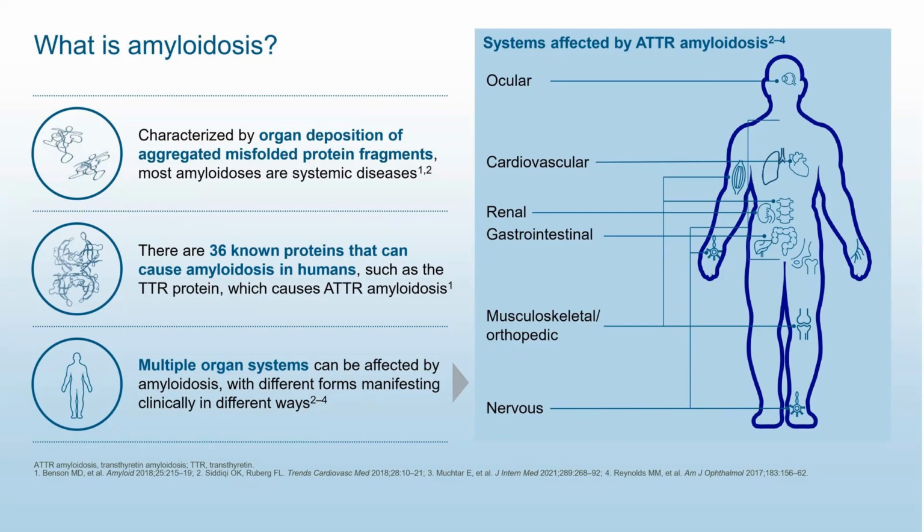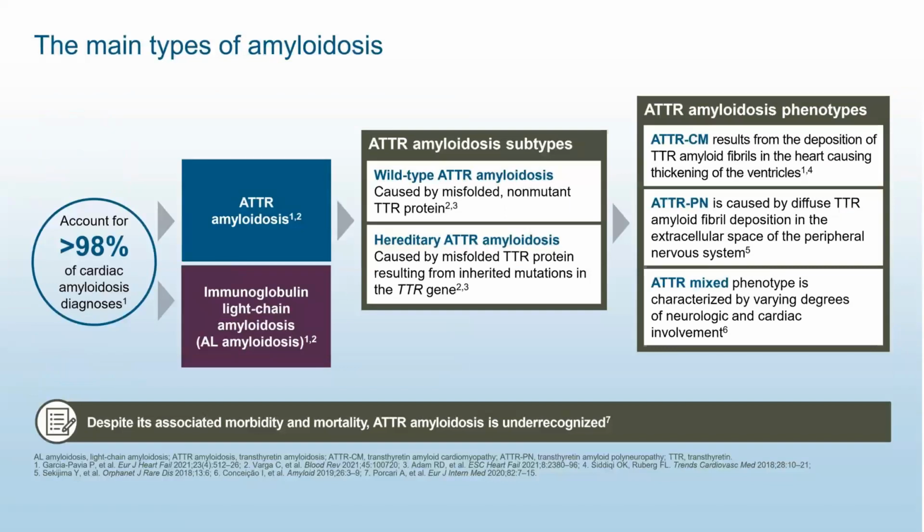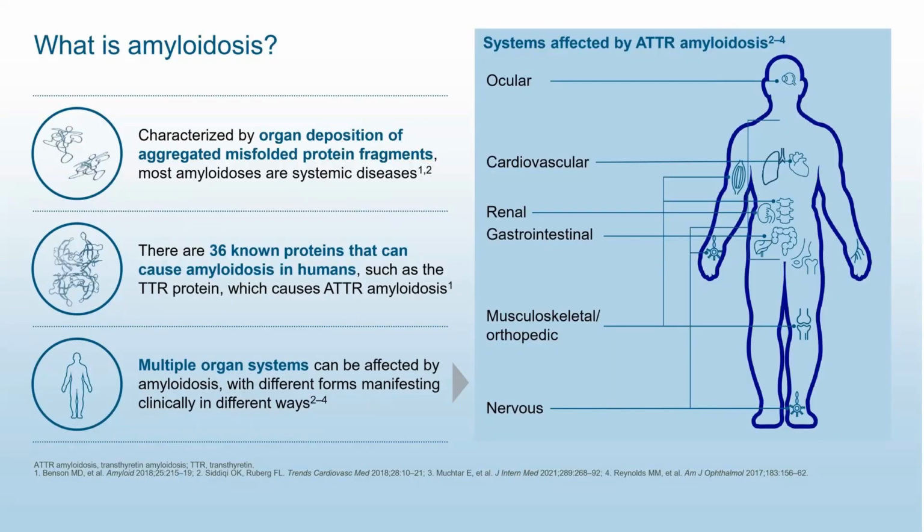Those individual monomers aggregate together in a form other than the regular, normal physiological form. They aggregate in a form called misfolding, and they make what is known as the amyloid fibril. This amyloid fibril deposits in the organs and causes damage.